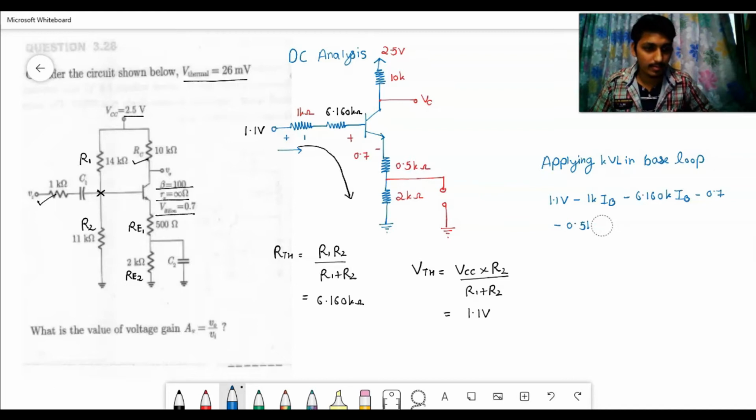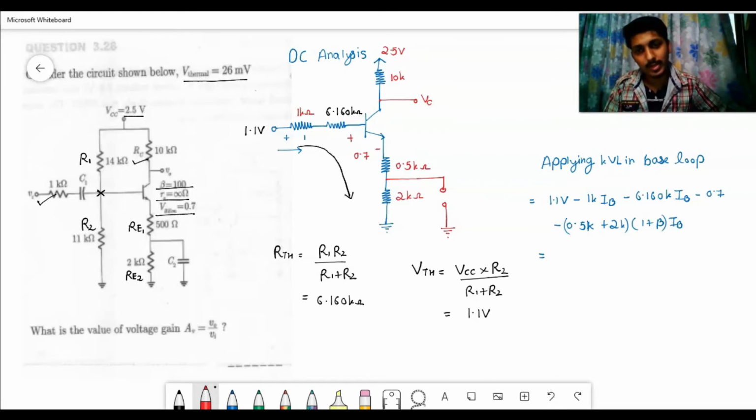Okay, sorry. The emitter term is (1 plus beta) IB times the emitter resistance. Okay, so this is the particular equation. I am marking the polarity here.